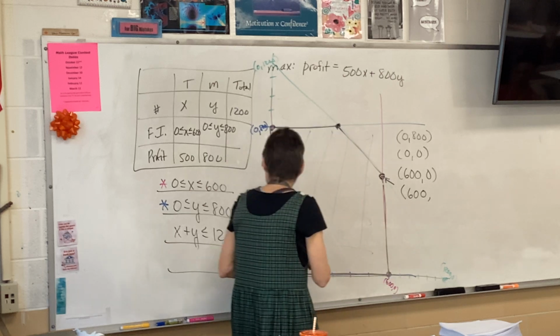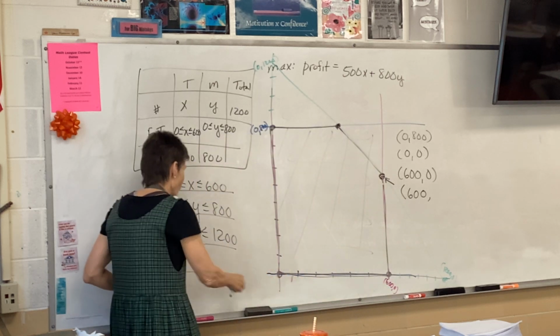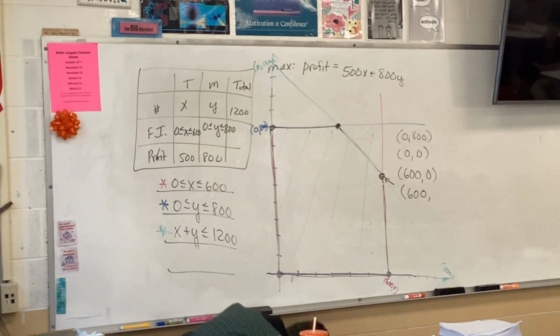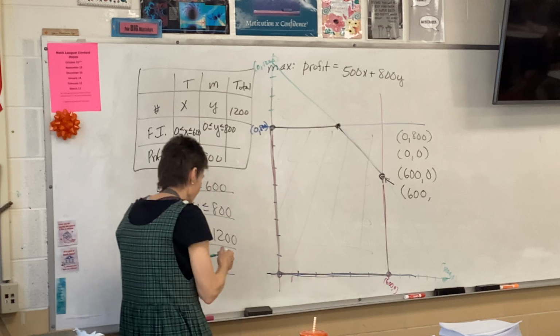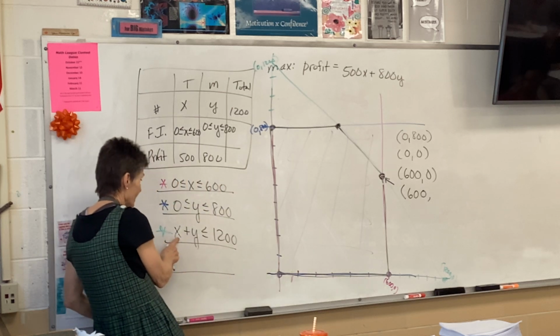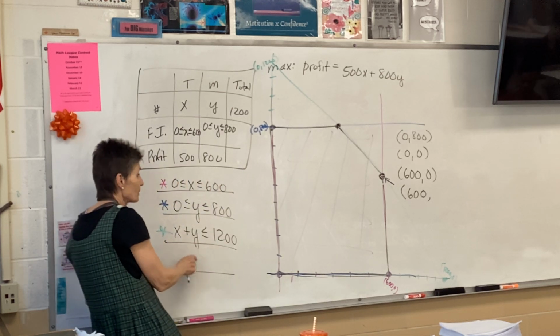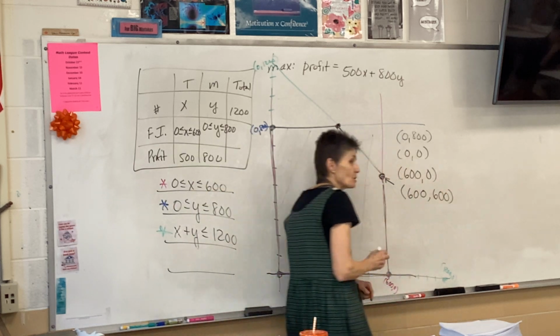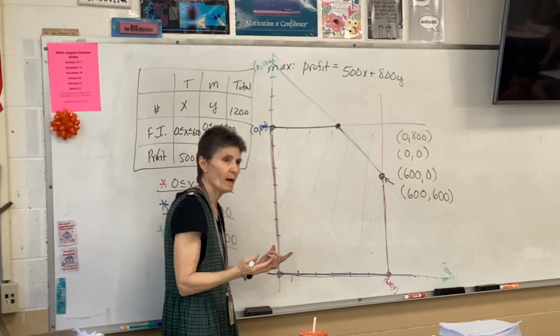Well, in my green equation right here, if X is 600, what would Y have to be if X is 600? Also 600. So I'm kind of doing substitution in a way.